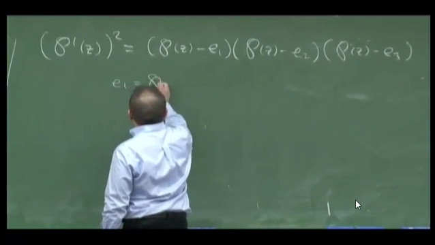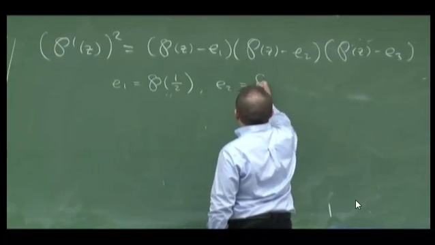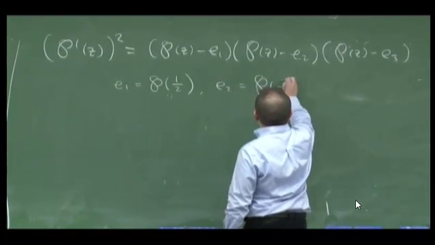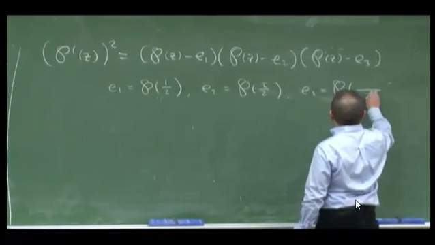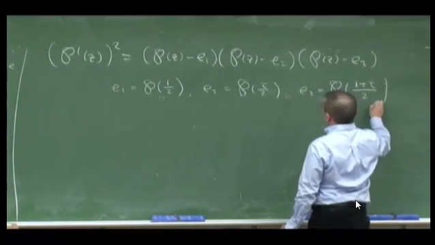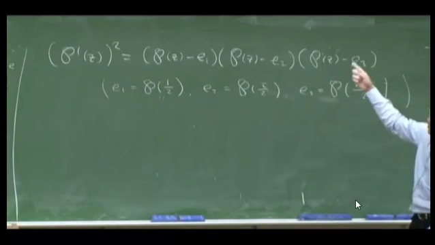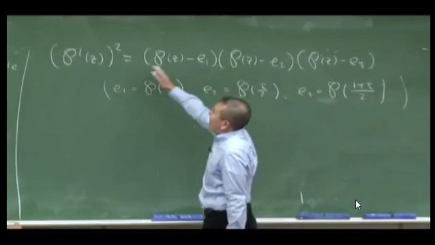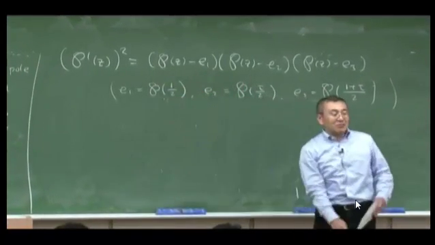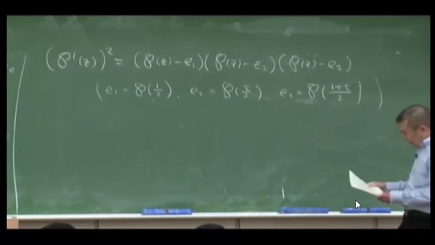E1 is a p function evaluated at half point, like that. This is actually not so difficult to prove, you just need to show that both hand sides have the same pole structure. Okay?